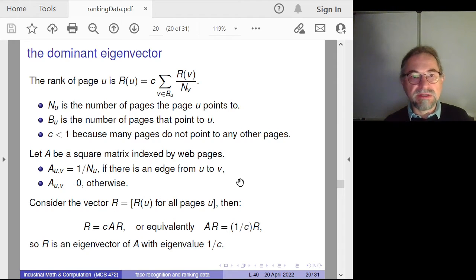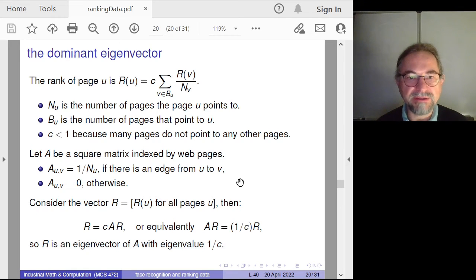Otherwise, we list 1 over the number of pages that the page is pointing to. So it's a floating point matrix. The definition of the simplified PageRank can then be written as a matrix vector multiplication, R equals CAR.